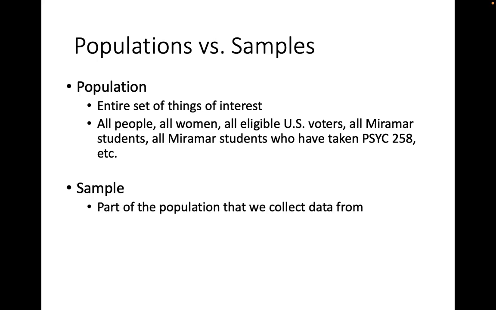In contrast, a sample is the part of the population we collect data from, and therefore use that sample to make general conclusions about a population. So that same section of Psychology 258 could be a sample if I wanted to use that section to make generalizations or inferences about all students taking Psychology 258 in the college.